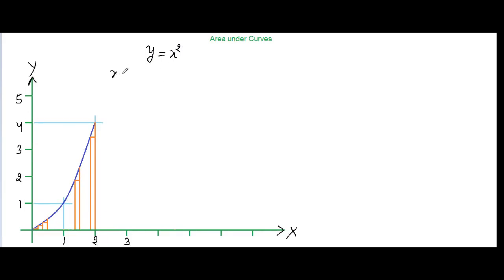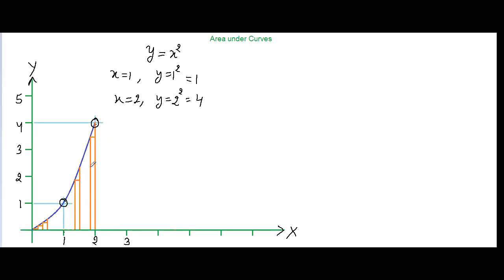If we have x equal to 1, y is equal to 1 square. So for x equal to 1, y equal to 1, we have the point here. If we take x equal to 2, y is equal to 2 square, that is equal to 4.